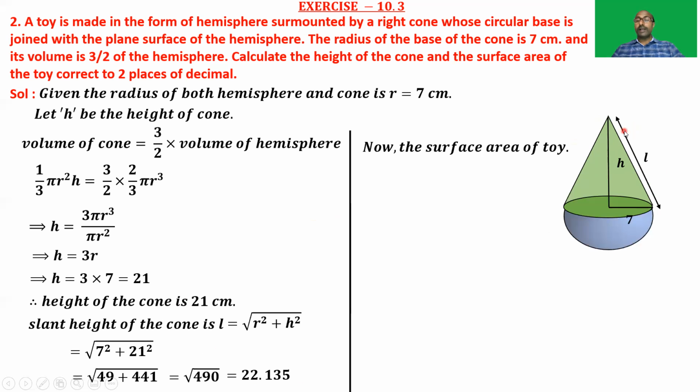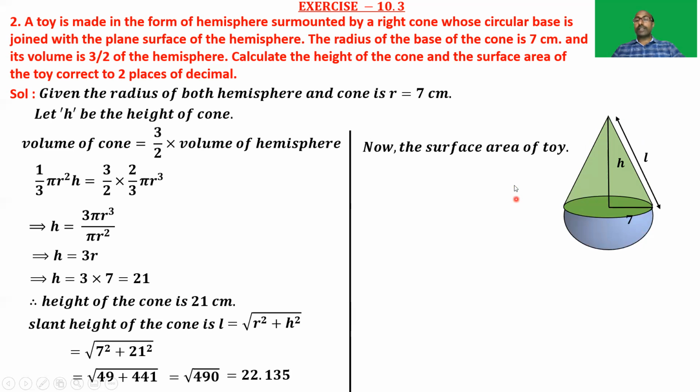Now the surface area of the toy is equal to the curved surface area of the cone plus the curved surface area of the hemisphere. Here we cannot see the base of both the cone and the hemisphere, so we just have to take their curved surface areas, which we can see.